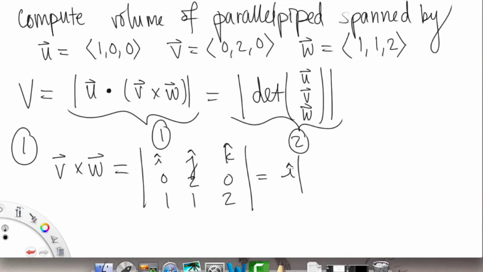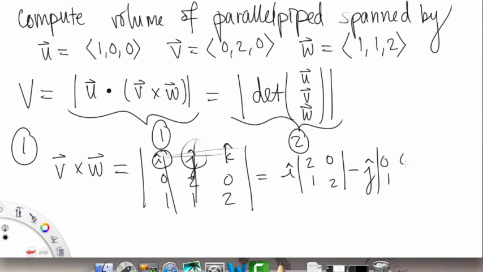We have i hat times the 2 by 2 of 2, 1, 0, 2, minus j hat times 0, 1, 0, 2, and k hat times 0, 1, 2, 1, the remaining minor.